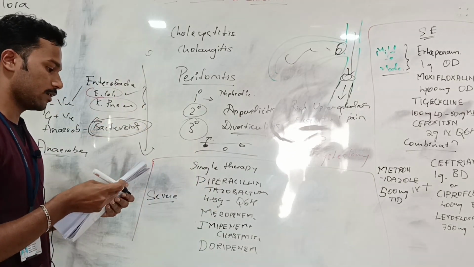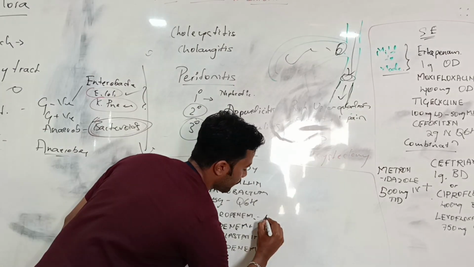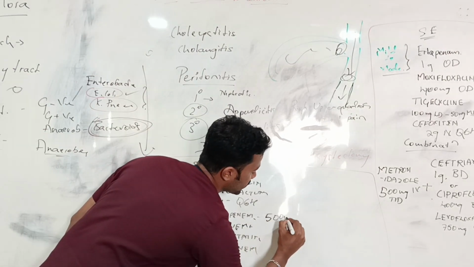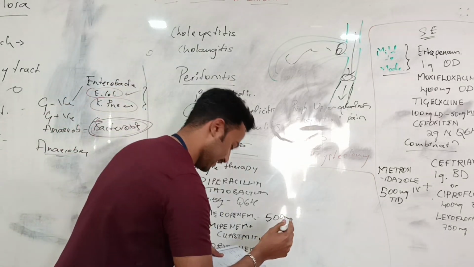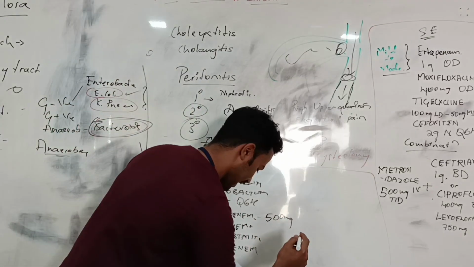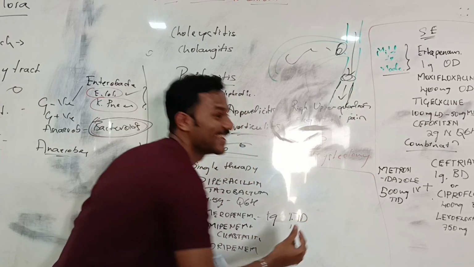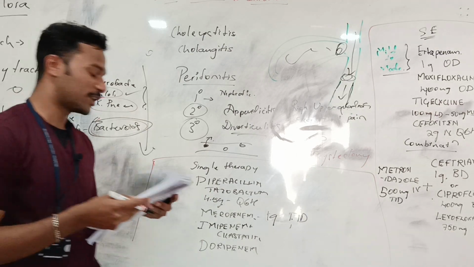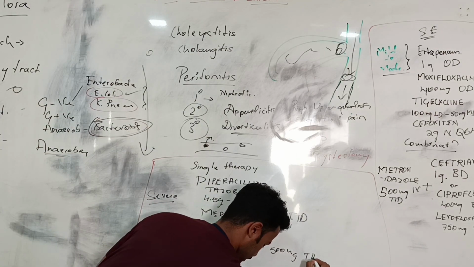So meropenem dose, 500 mg. It is actually, sorry, it is 1 gram TID. Doripenem it is 500 mg TID.